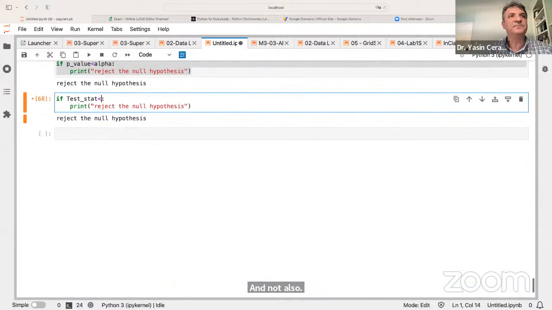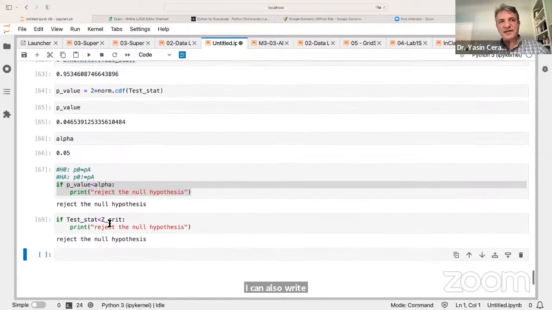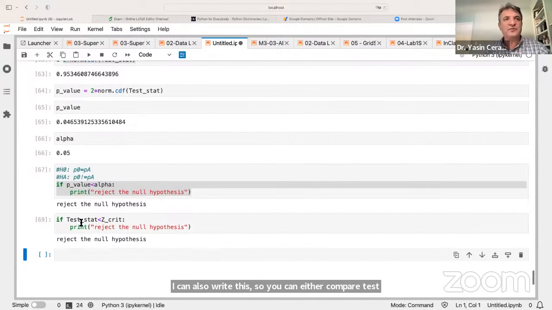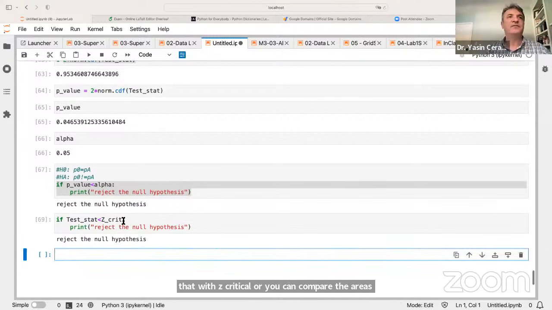Z critical. I can also write this: reject the null hypothesis. So I can even write this, right? So you can either compare the test stat with Z critical, or you can compare the areas corresponding to these two values, p-value versus alpha. Both will be fine. Okay.